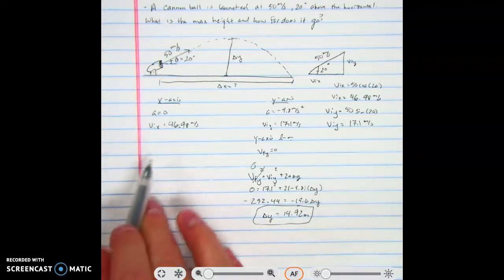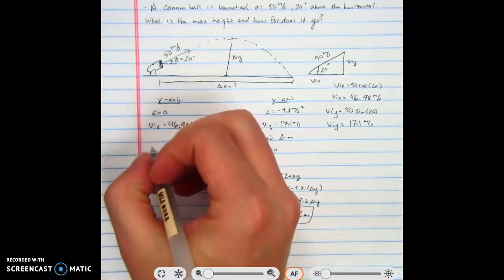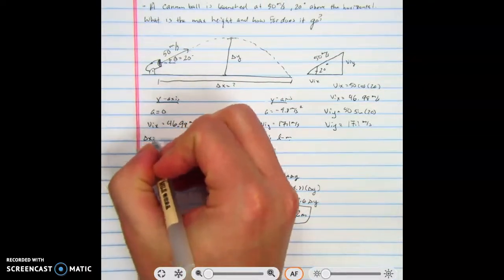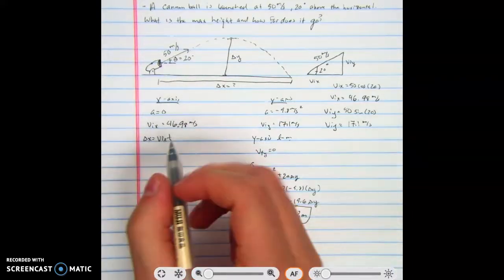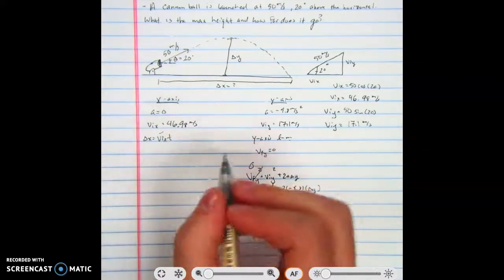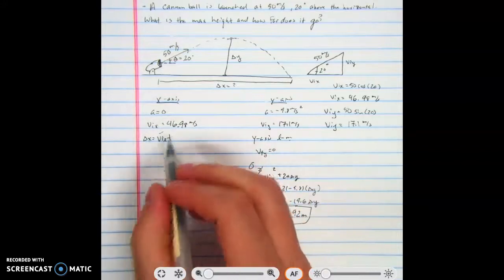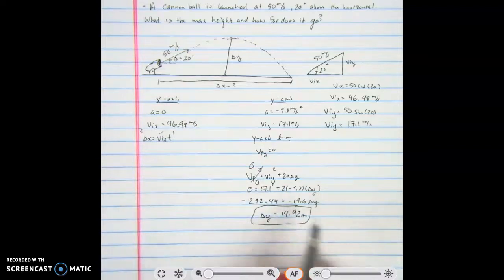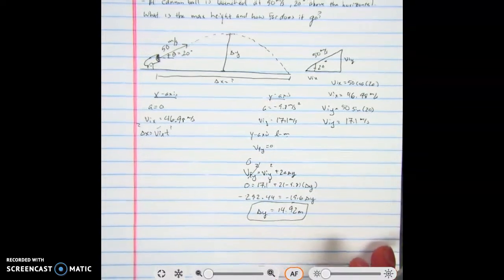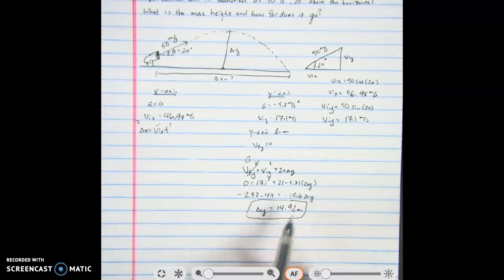Now let's come to the x-axis part. X-axis part, remember we just have our one equation, delta x equals v initial x times t, okay? I know my v initial x, I don't know time, it's a question mark still, and that's what I need to solve for. So I actually need to stick with the y-axis for a little bit longer and now solve for my time.